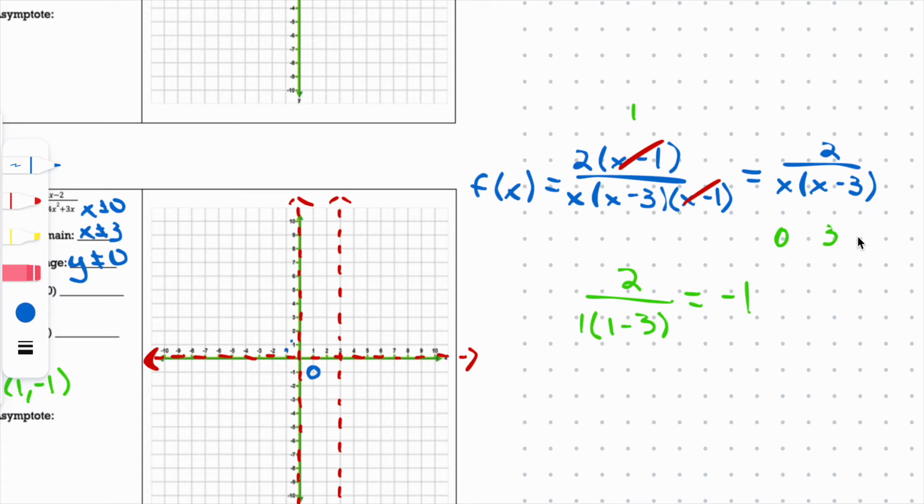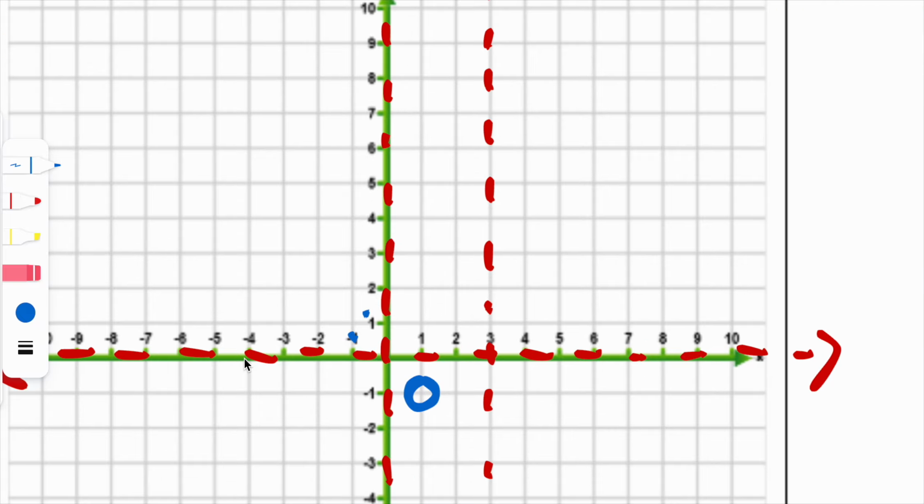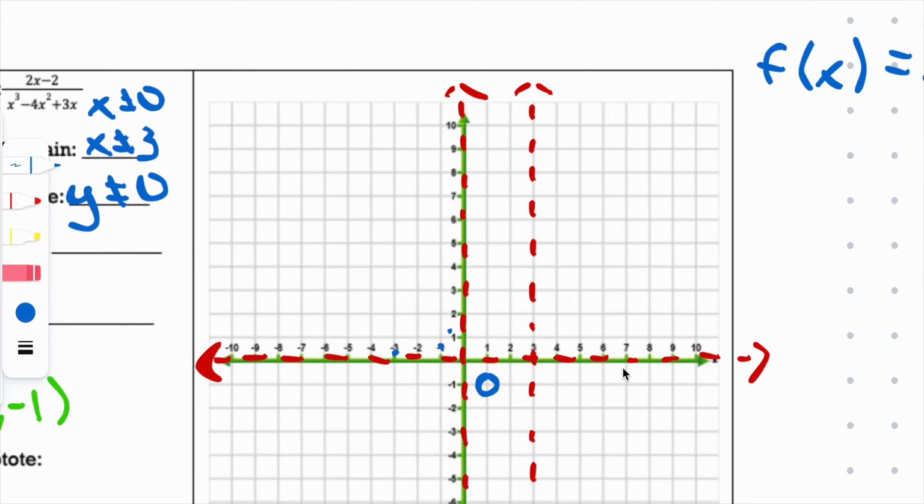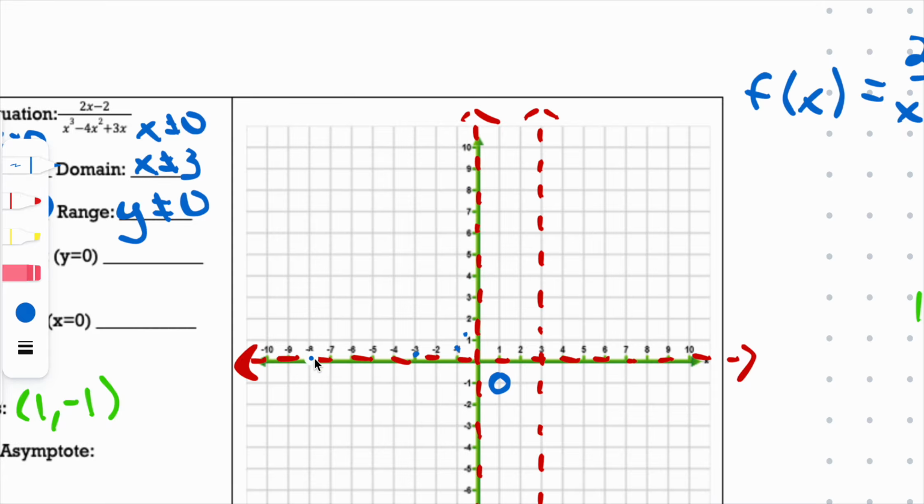And so negative 6 times negative 3 is going to be positive 9. 2 over 9 is 2/9. Basically, all we care about is it's pretty close to 0. And so we start to see this pattern where we have this shape develop. So it's going to look something like that.